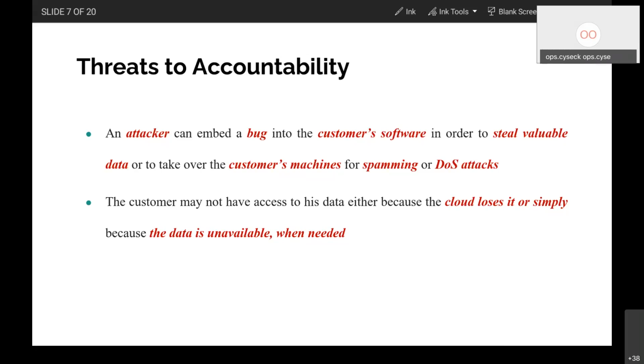So an attacker is inducing an attack, or inducing a bug or a malware into the system. We have seen such incidents in the previous examples when we discussed last week, that it is even reported in the CERT database.